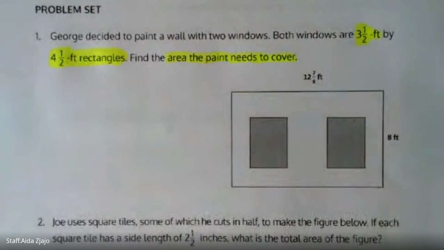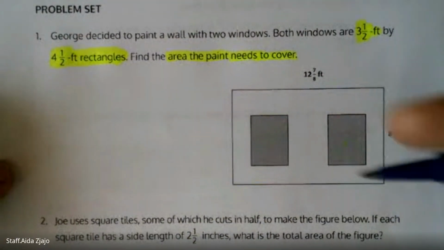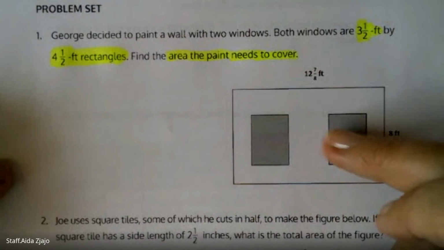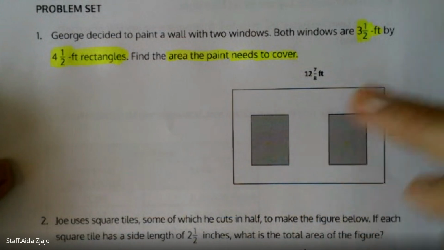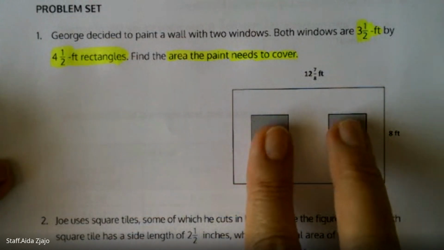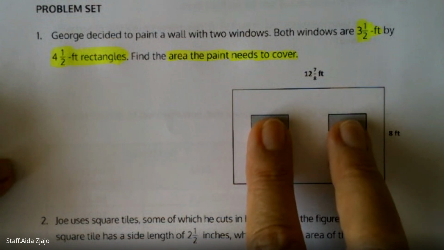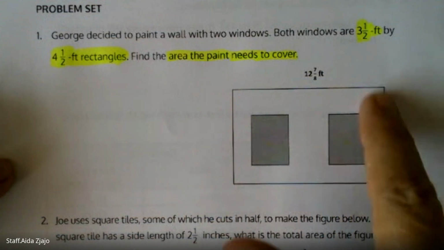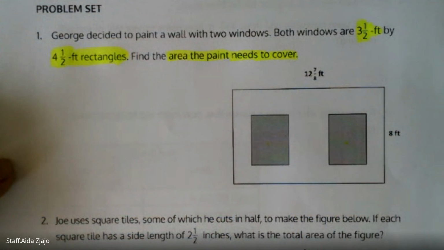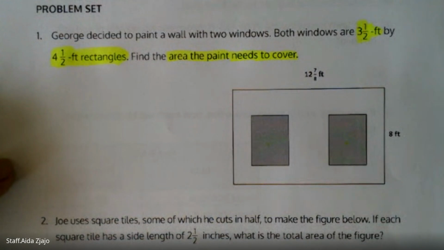Of course, we don't want to paint the windows. This is the whole wall. So if we take out the area of the windows, we get the area the paint needs to cover.